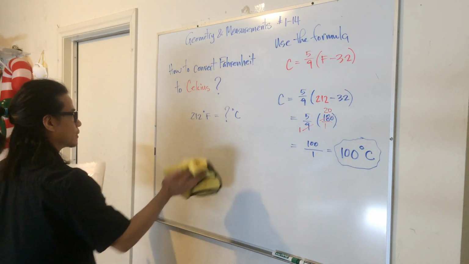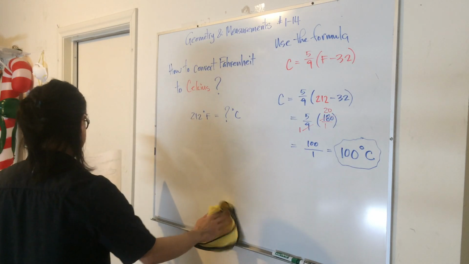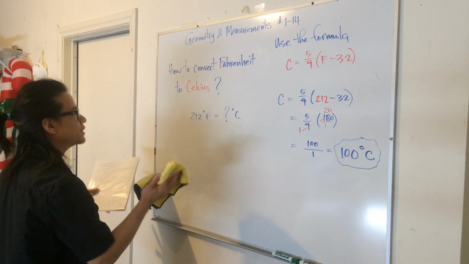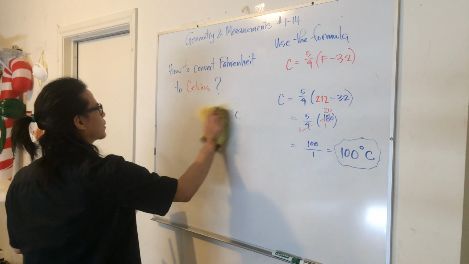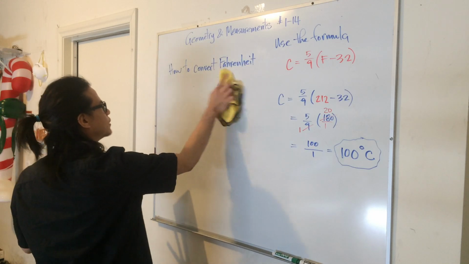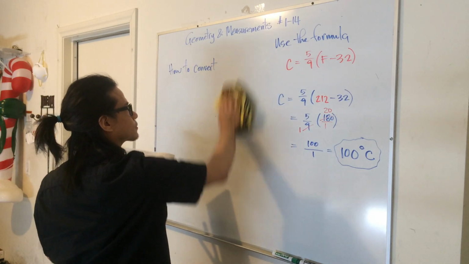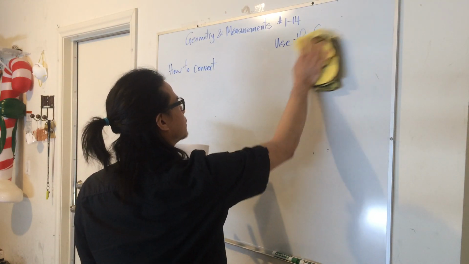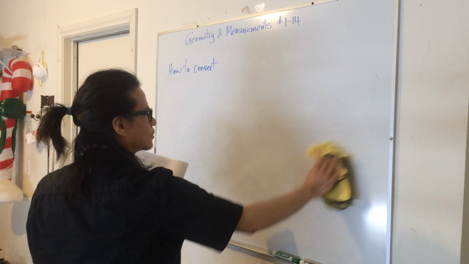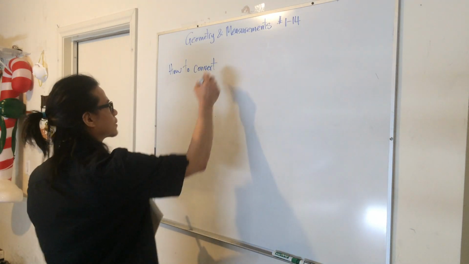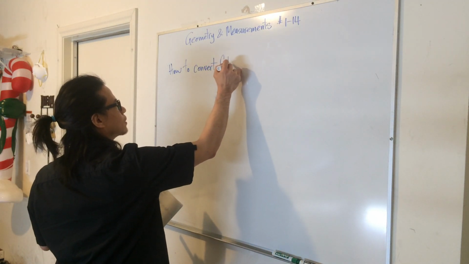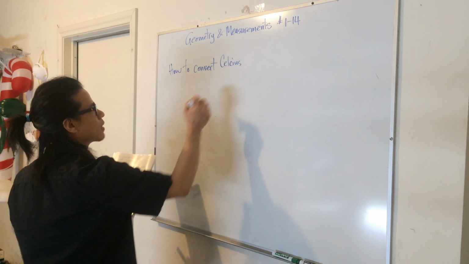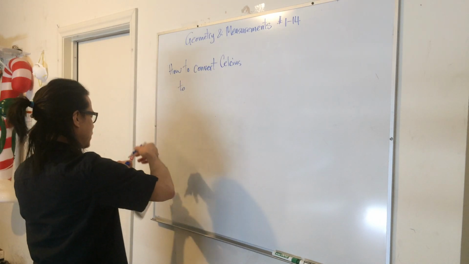Let's work backward. Let's convert Celsius to Fahrenheit now. So how to convert Celsius to Fahrenheit, which is the opposite of what we've just done.